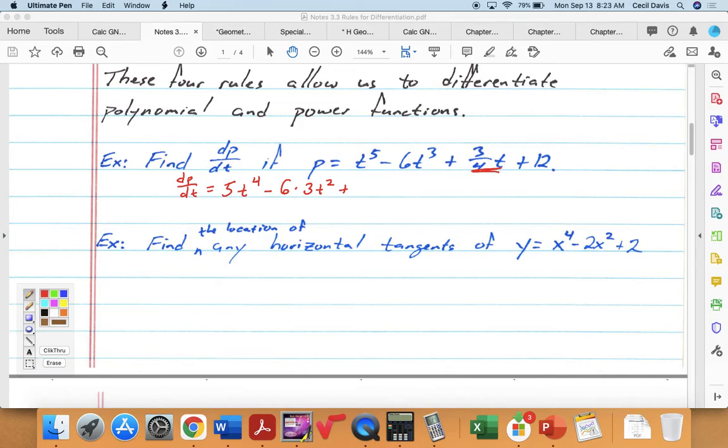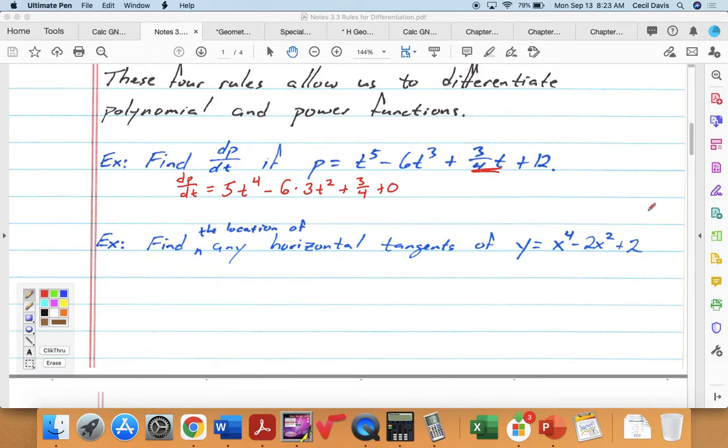Well, that would just be a line with a slope of 3/4. The derivative is the slope, so this is 3/4. And then the last part, the derivative of 12, 12 is a constant, so its derivative is 0.